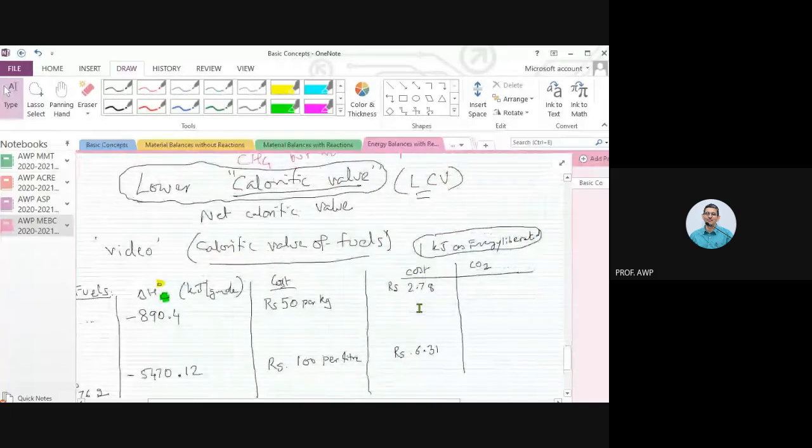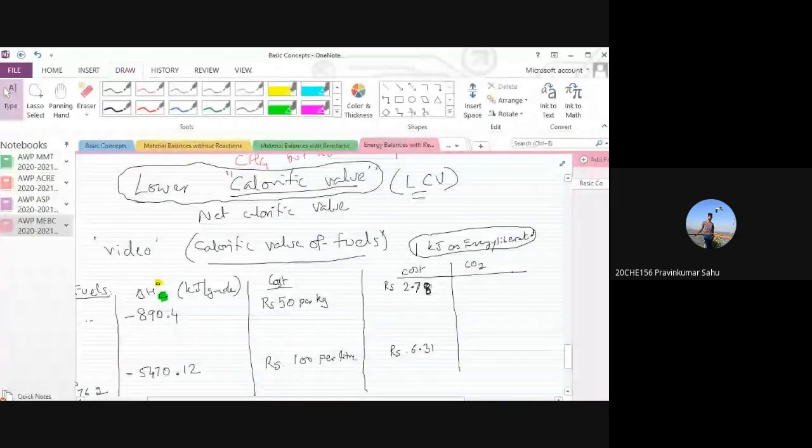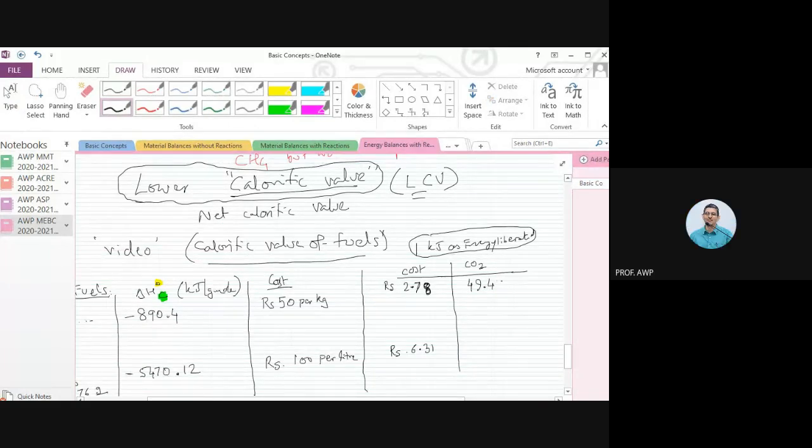Praveen, done? Yes, for methane, it's coming 49.43 kgs per kilojoule. Okay, kilojoule or grams? Sir, wait, I'll check.